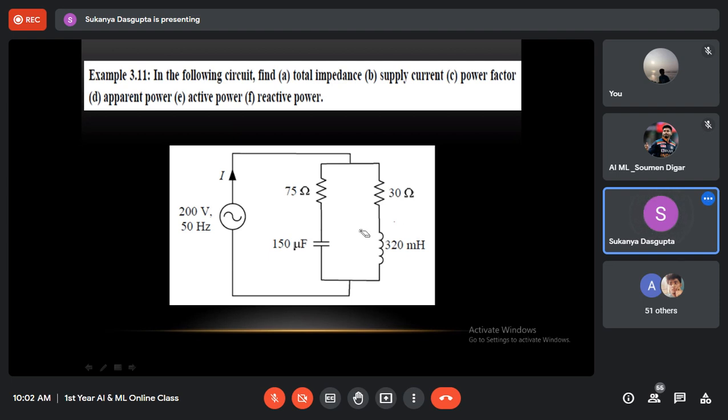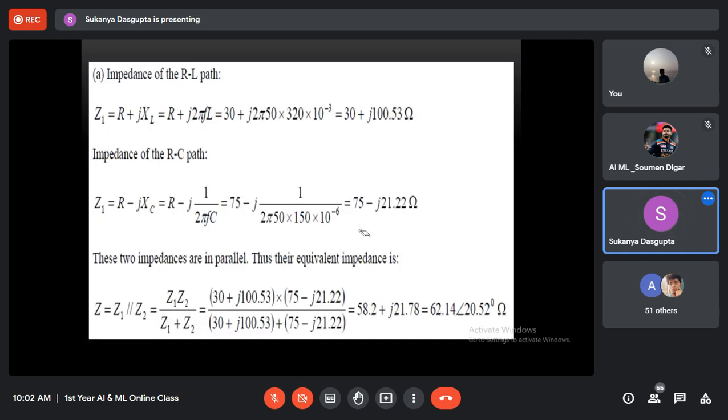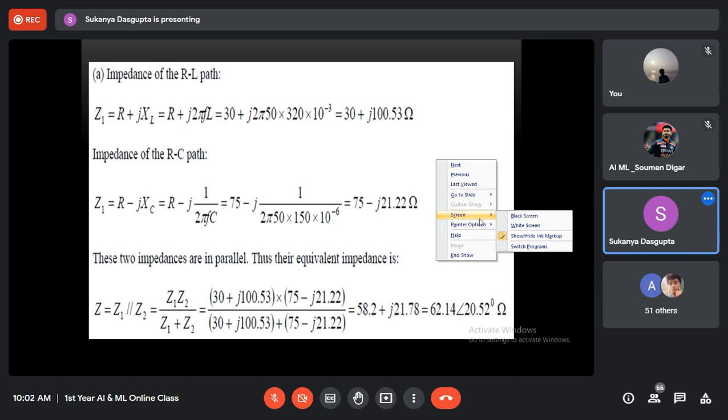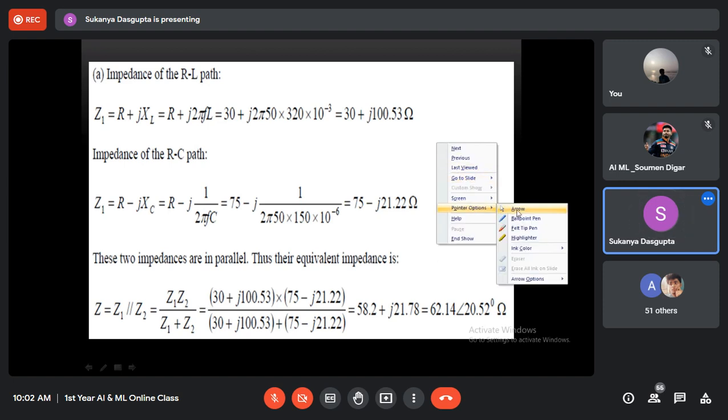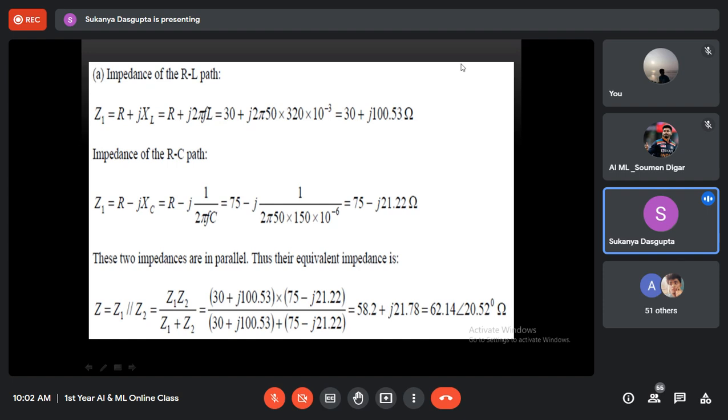Have you got the answers? The impedance of the RL path and the impedance of the RC path are calculated as 30 plus j100.53 ohm and 75 minus j21.22 ohm respectively.